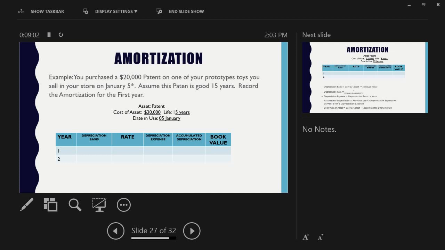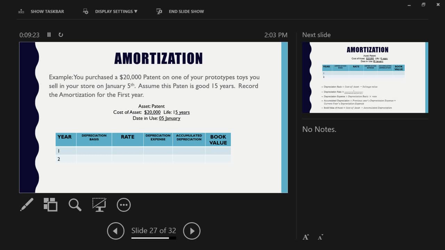So that means it's worth a lot of money. You bought it on January 5th, so the beginning of the year. Assume the patent is good for 15 years. Record the amortization for the first year.